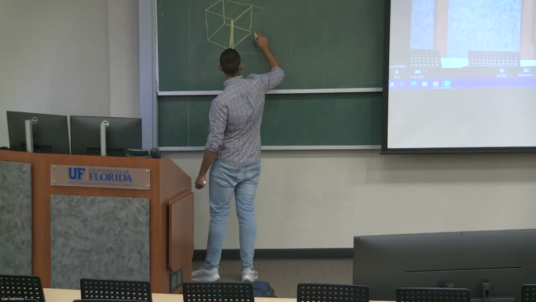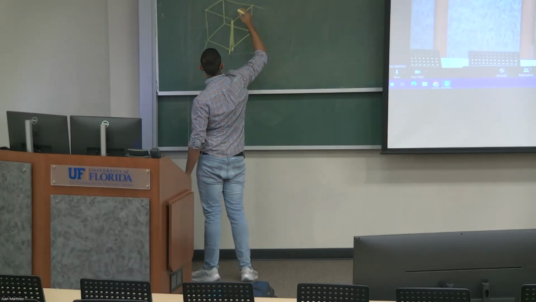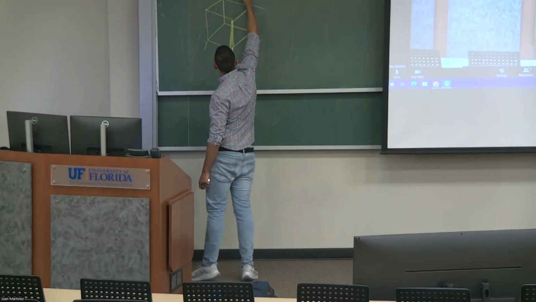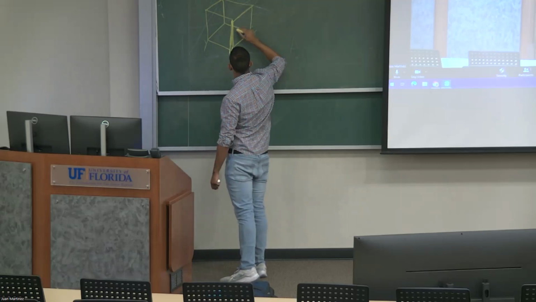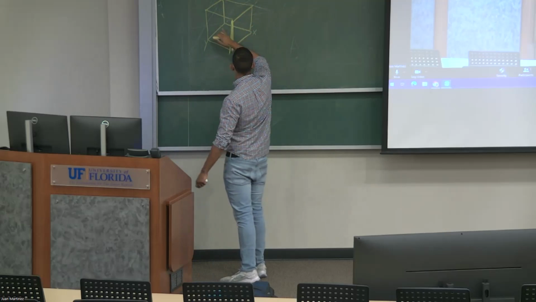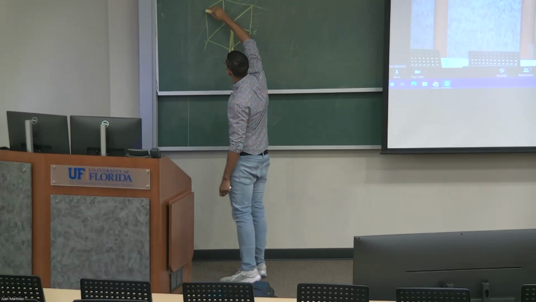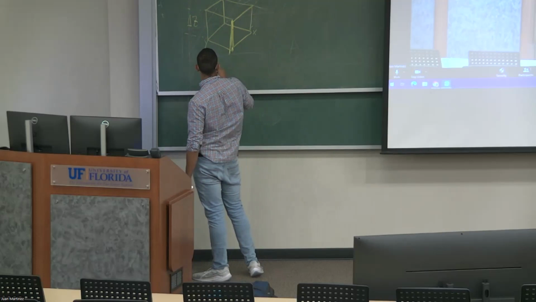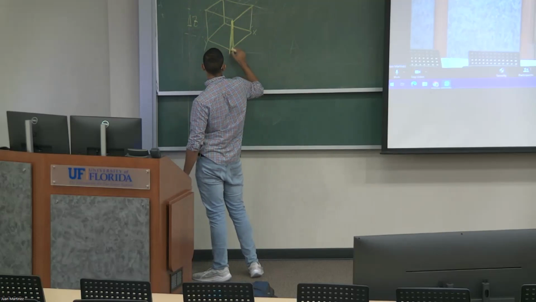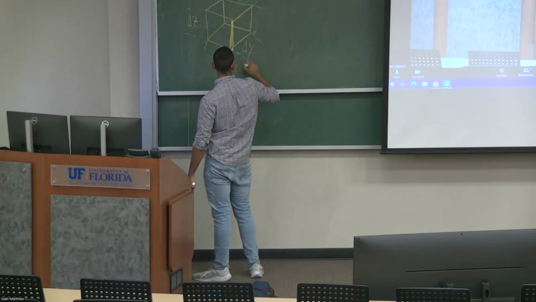For example, if we define this as x, y, and z, this length is going to be delta x, this one delta z, and this one, which has to do with this plane, is delta y.